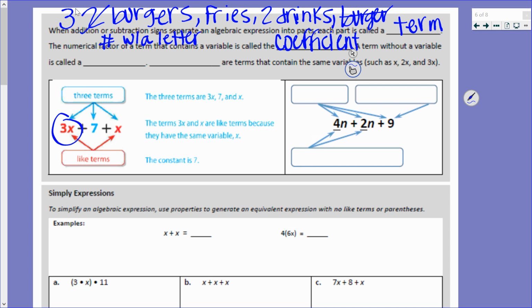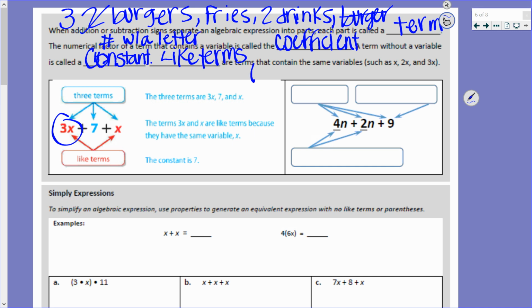A term without a variable, aka a number without a letter, that is called a constant. A constant. Okay, and like terms are terms that contain the same variables.